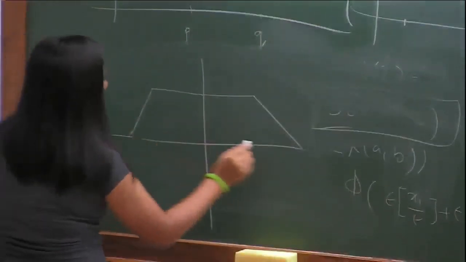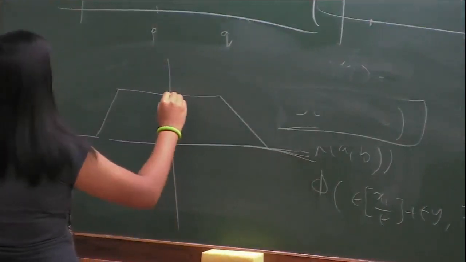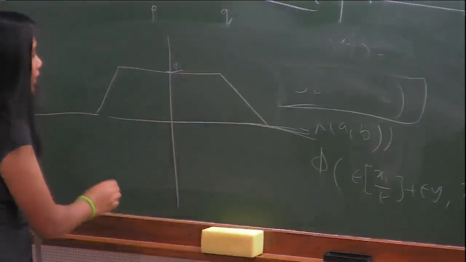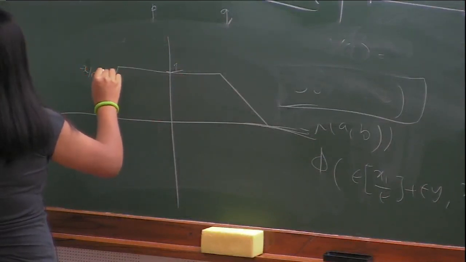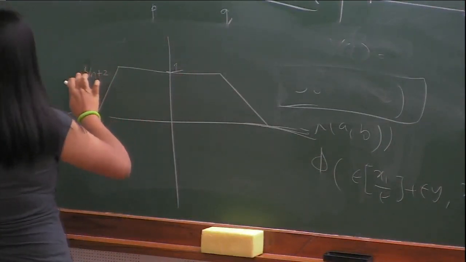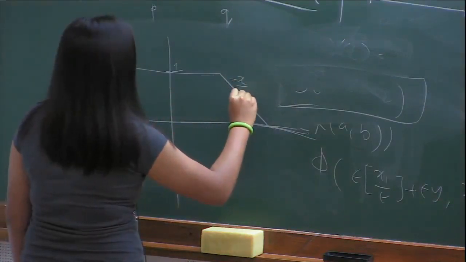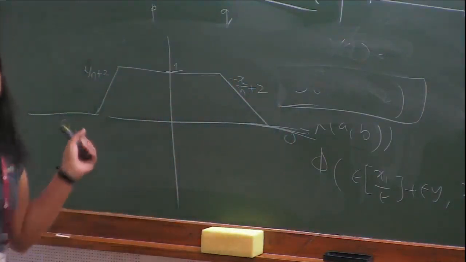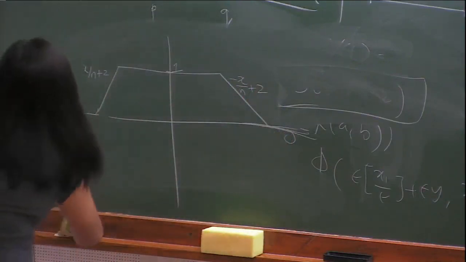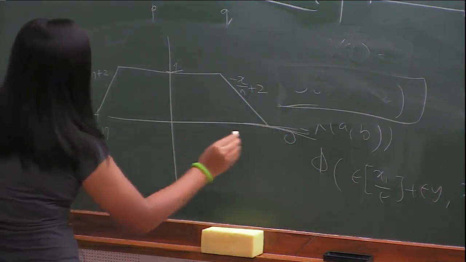Then 0 here. So this is 1. And this is negative n. And plus 2, positive. And this is negative n plus 2. Then 0 outside. This is 2n, negative 2n, this is 2n.